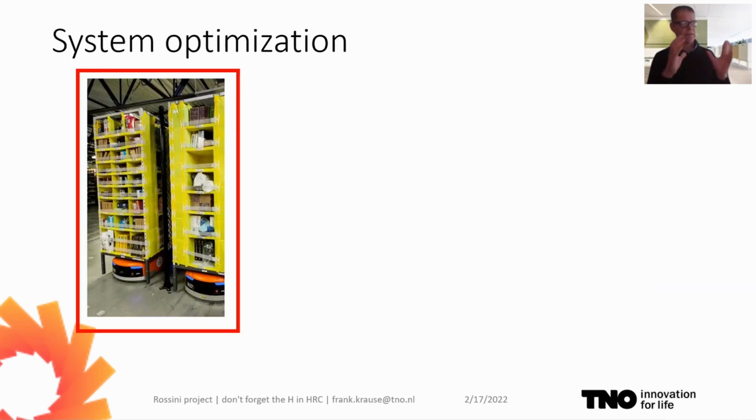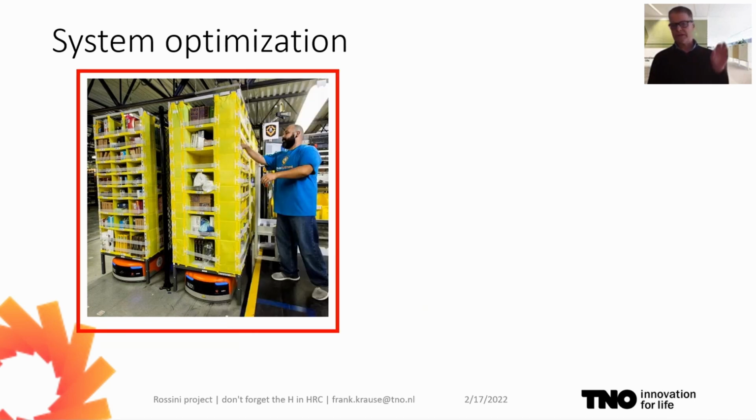In general, when we talk about this, this is generally how I experience as an ergonomist. When it's about technical systems, then you see a system optimization focused on the technical part, but the operator is also part of this system. So this system should also be optimized.